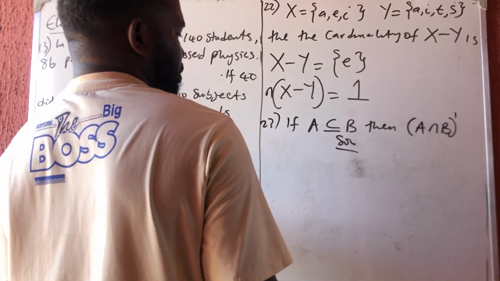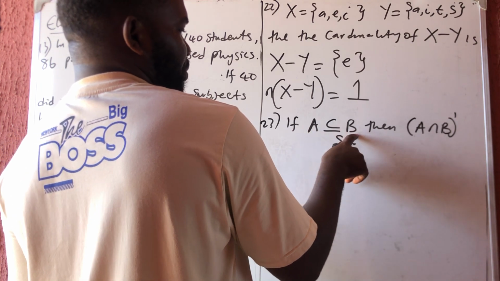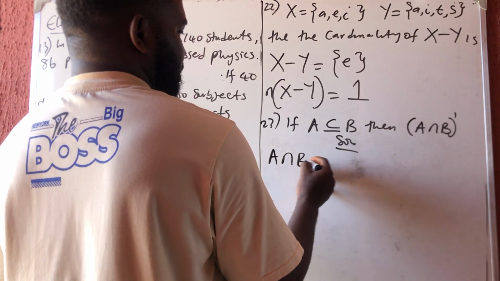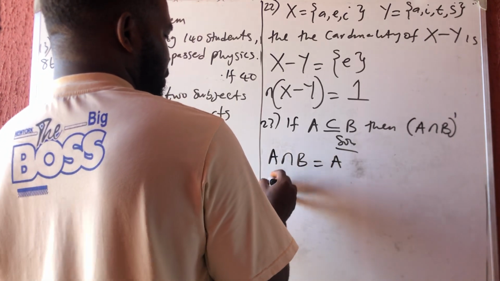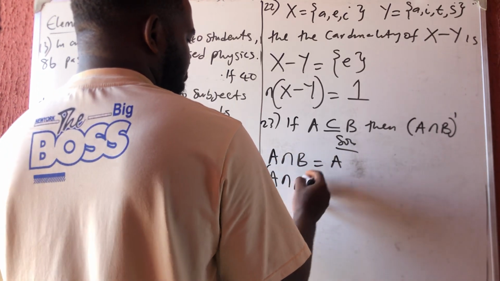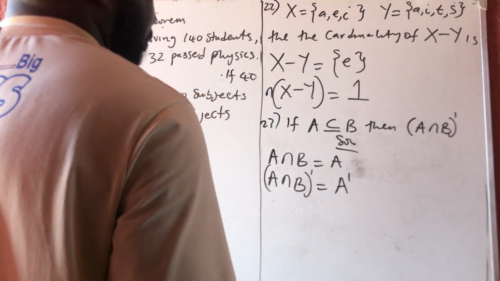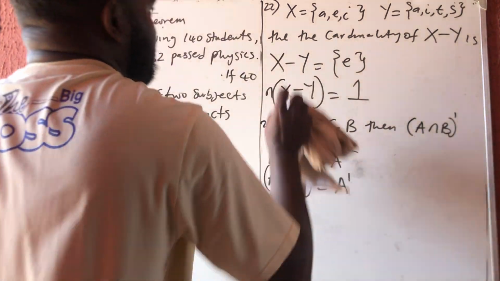Solution. I told you that if A is a subset of B, A is the small one, B is the big one. And the intersection of a small set and the big set is the small one. So if you now say A intersection B prime should be what? I've got it as A, so it should be A prime. Very simple to get. All right. So we move to the next question.